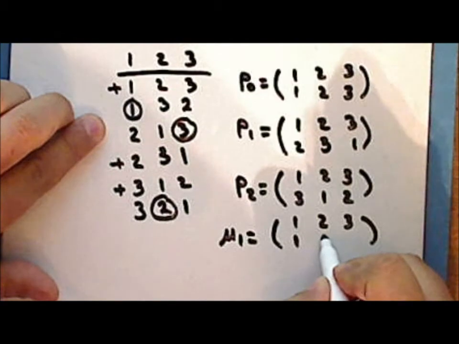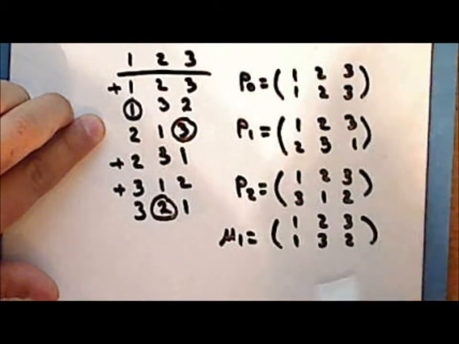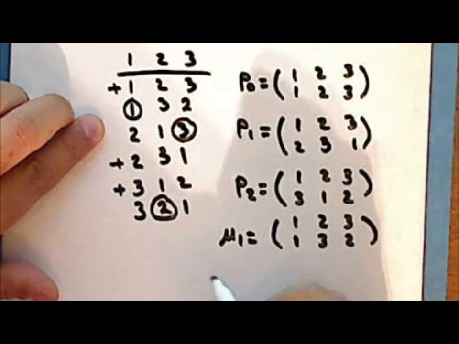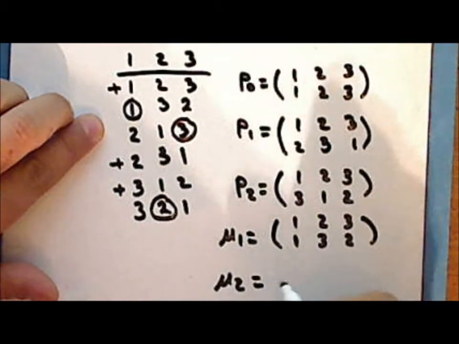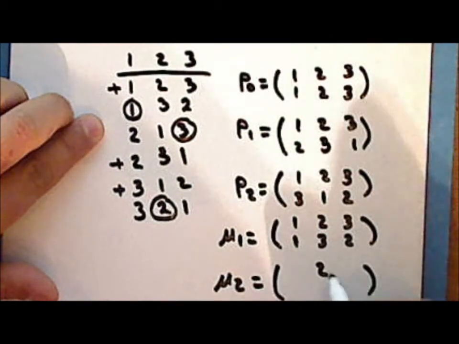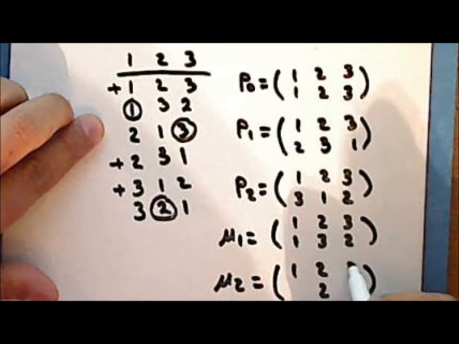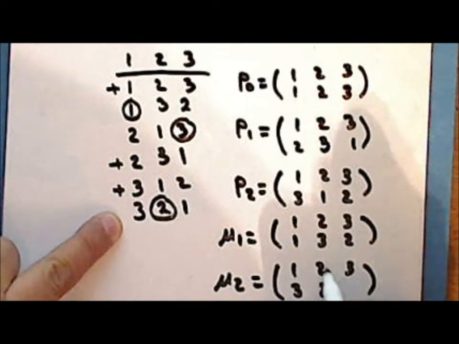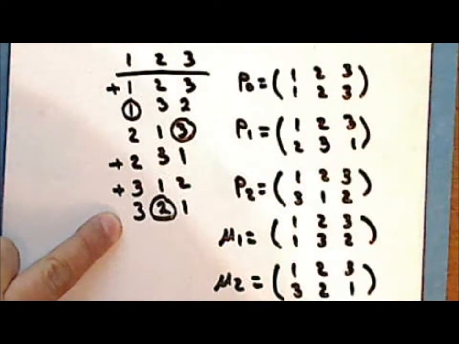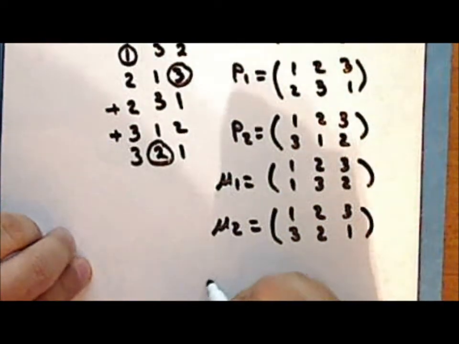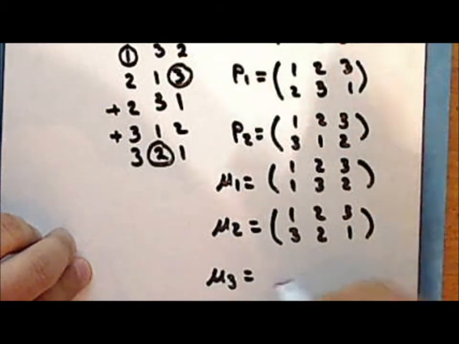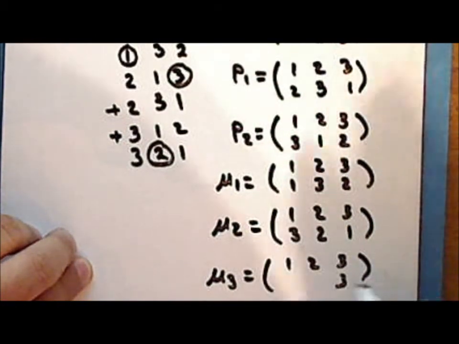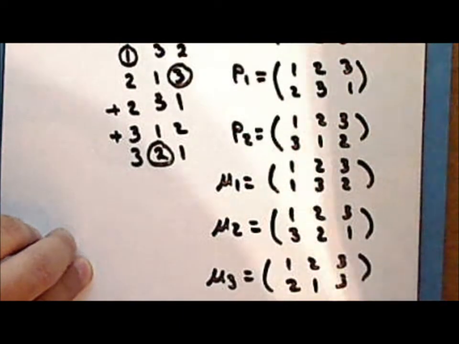And so this is the map from 1 to 1, 2 to 3, and 3 to 2. Let mu sub 2 be the map that fixes the element 2. And so we have 1 to 3, 2 to itself, and then 3 to 1. And finally, let mu sub 3 be the map that fixes the element 3 and exchanges 2 and 1.